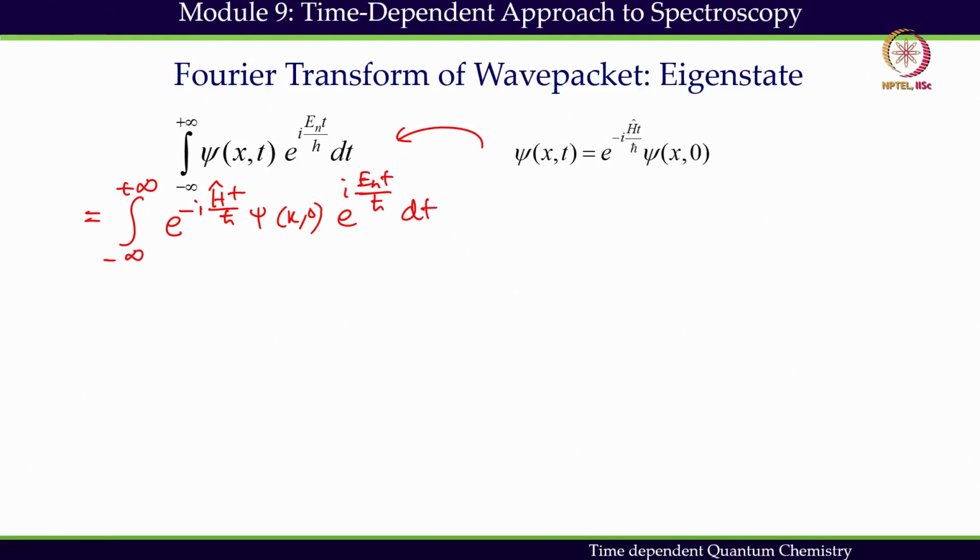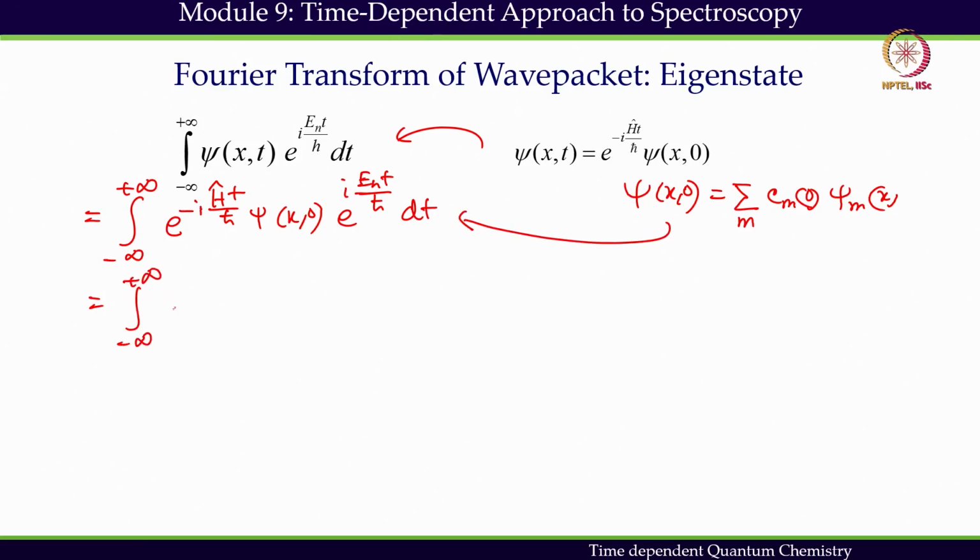Now this psi(x,0), we have already seen that this can be expanded in terms of the eigenfunctions like this. It doesn't have the time dependent phase factor because t equals 0. So this expansion we have already done, and we will insert this expansion here. If we insert it, then what I get is e to the power minus i H t by h-bar, then summation of Cm(0) psi m(x), then e to the power i En t by h-bar dt.